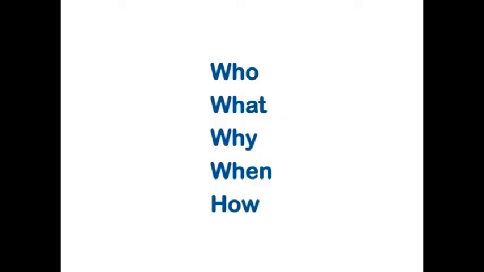It is important to know the who, what, why, when, and how of communication. It means whom you are communicating with, what you are communicating, what the goal of your communication is, that means what you want to achieve, when you will communicate the issue, and how you will communicate the issue.